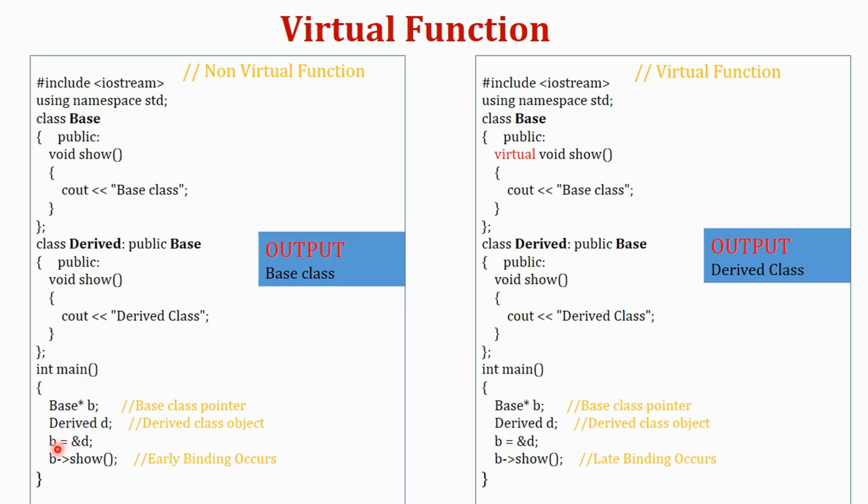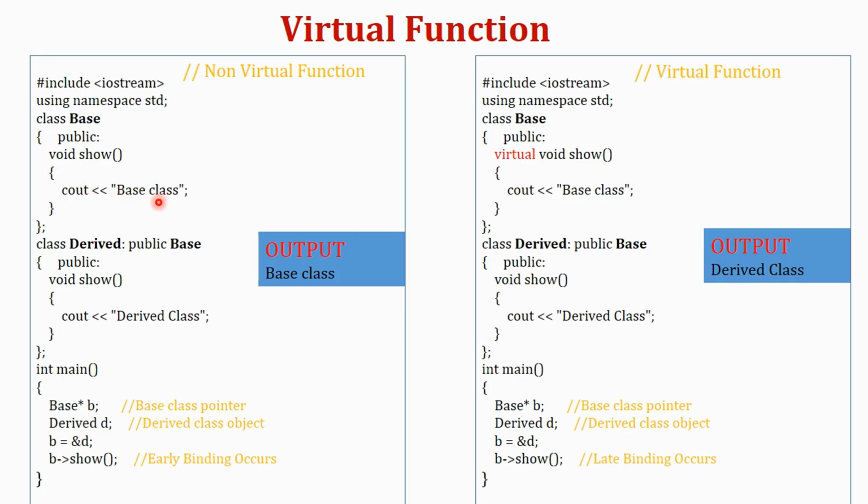Now the pointer variable holds the address of the other object. Now the pointer is pointing to show. So what will happen here? Automatically it will give priority to the base class, because the same function is defined in both base class and derived class. The compiler gets a conflict, so it will automatically execute only the base class function. So the result is base class.